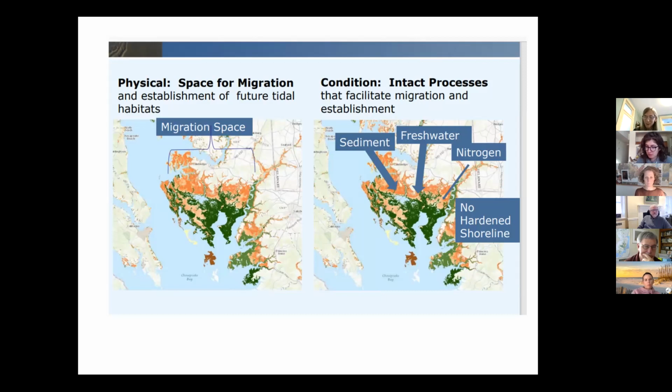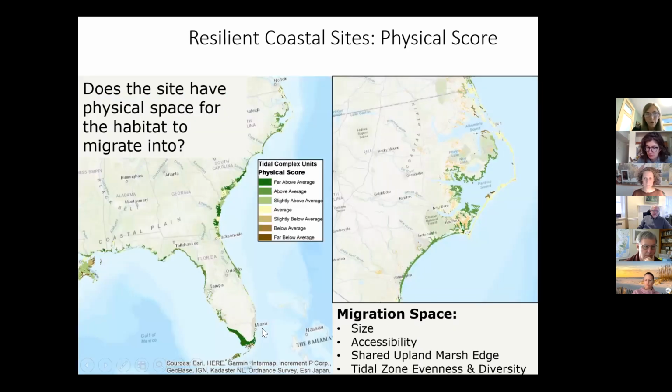So think physical attributes of a space that are unlikely to change for these physical factors, and then maybe some malleable condition factors that we actually have the opportunity to influence over time and might shine light on some of the strategies that our land trusts develop to address improving conditions within the spaces where we work. So we'll go into each one of these in a little bit more detail.